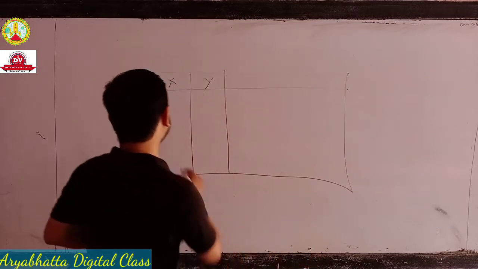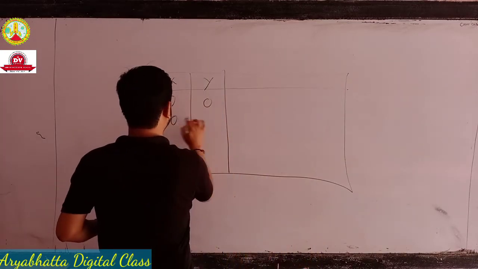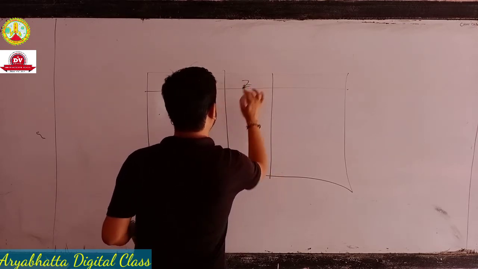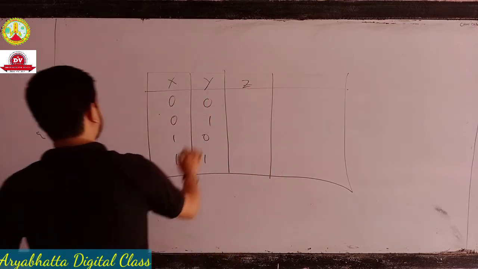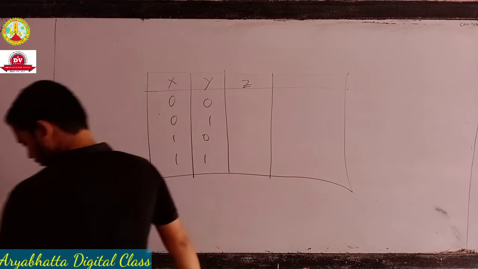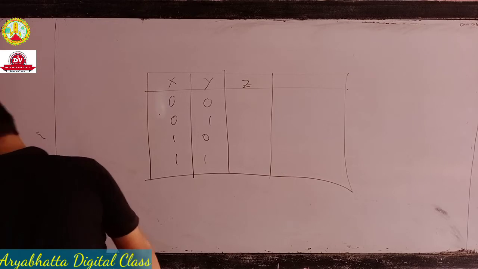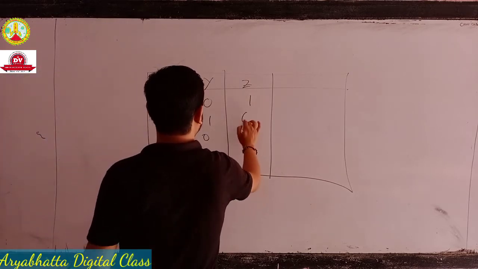So what are the 4 steps? 0 0, 0 1, 1 0, 1 1. And z is the respective output. When both values are 0, we take the relation 1.